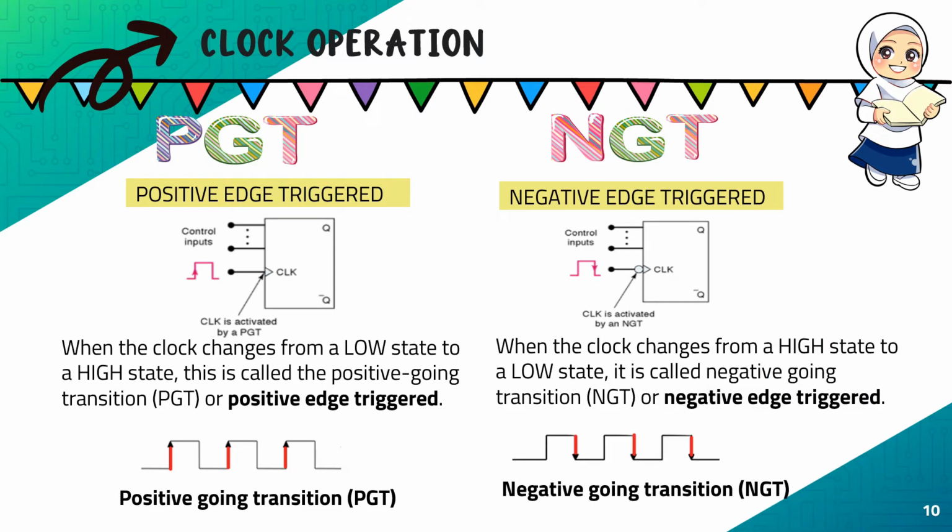For NGT, when the clock changes from a high state to a low state, it is called negative edge transition or negative edge trigger.